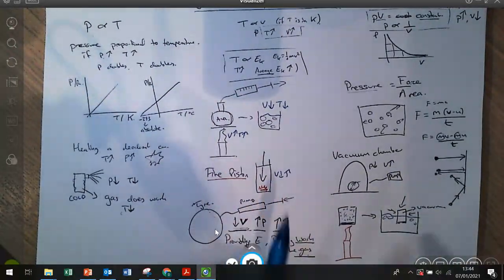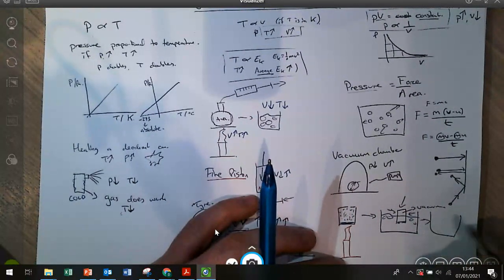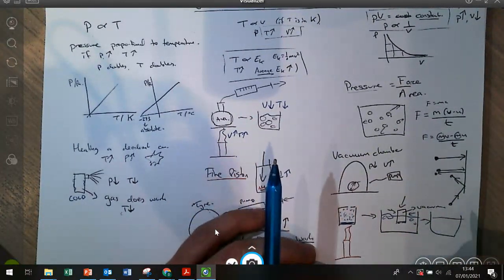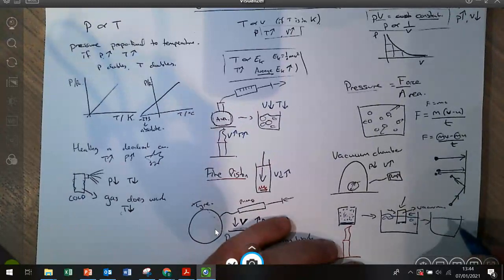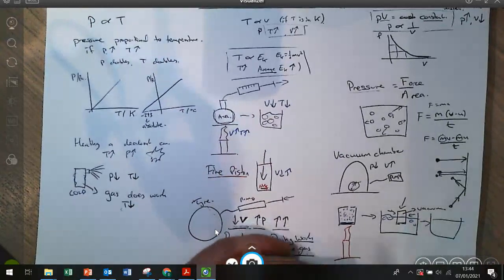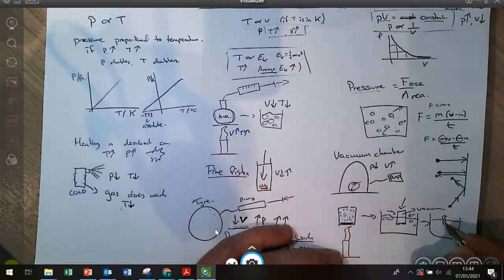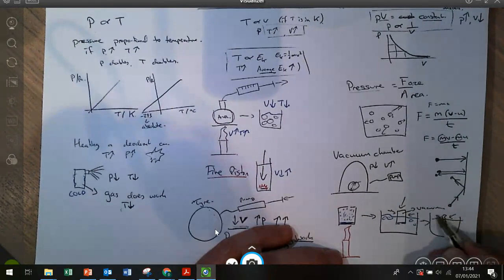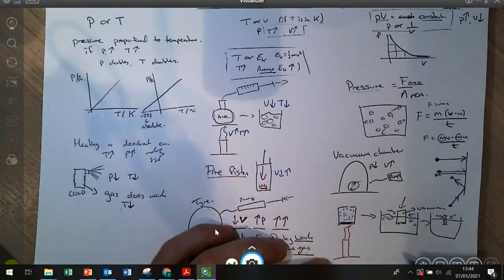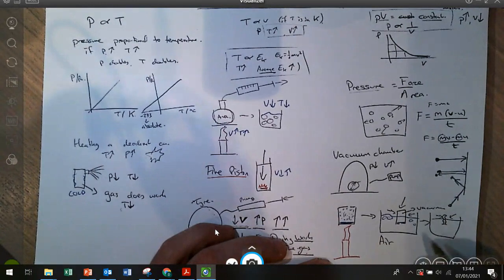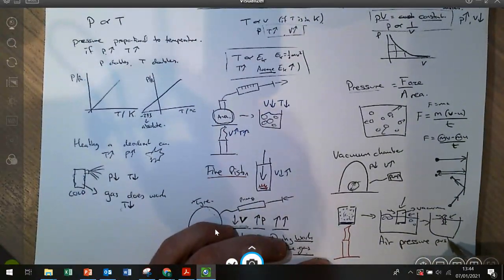It's going to push the can, and you see very, very rapidly, within a fraction of a second, that the can itself is a fraction of its volume as the air pressure pushes. So this is a nice way to reinforce the air pressure pushes.